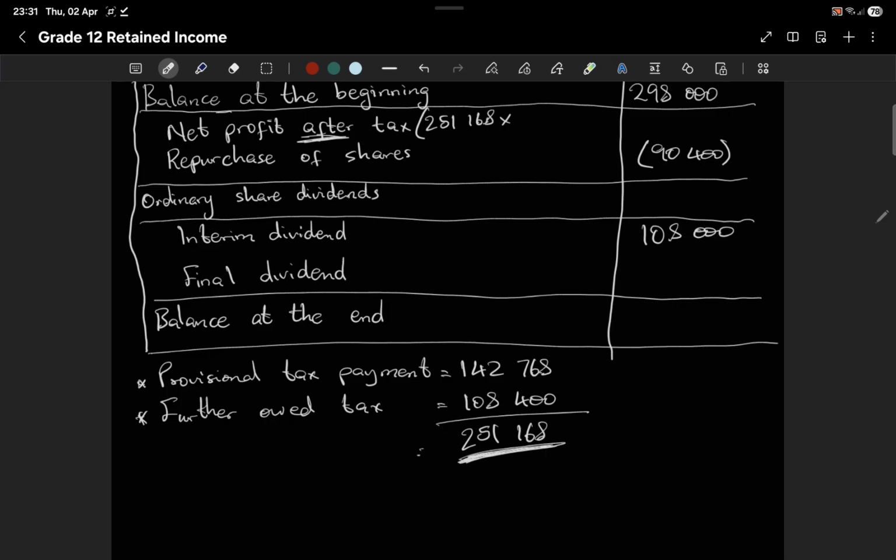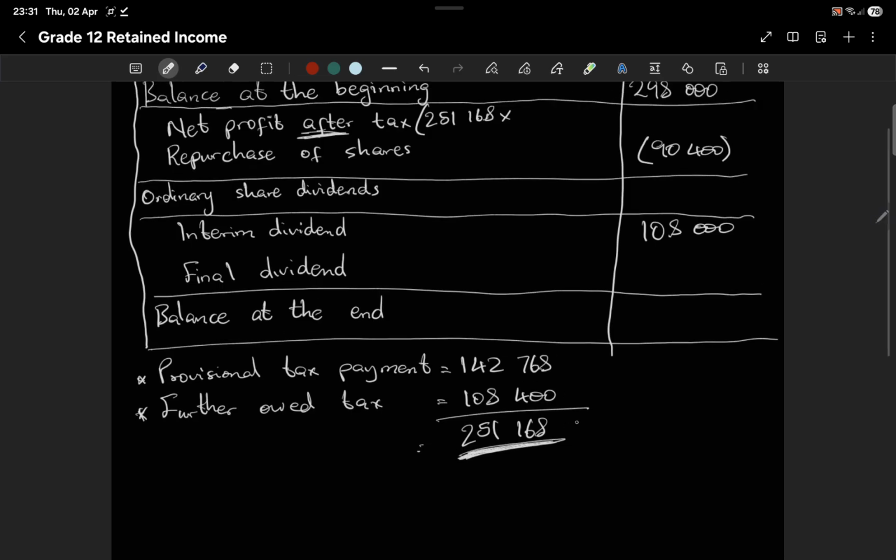Since they gave us 32%, this tax amount represents that 32%. So when it comes to calculating the net profit after tax, you are going to say 100% minus 32%. You are going to get 68%.